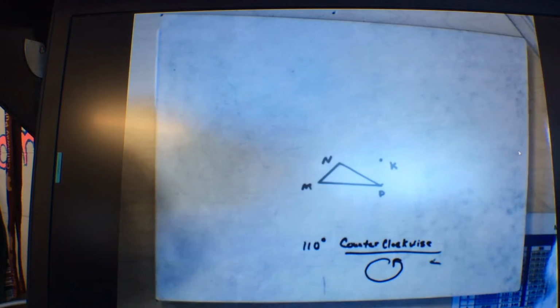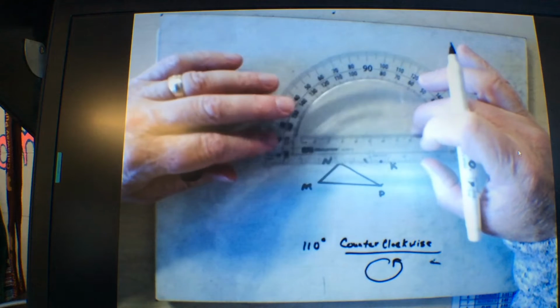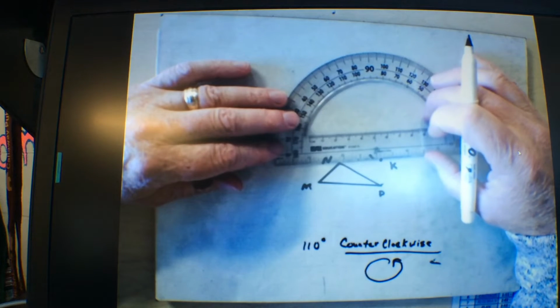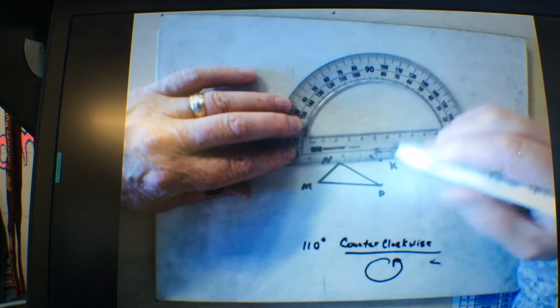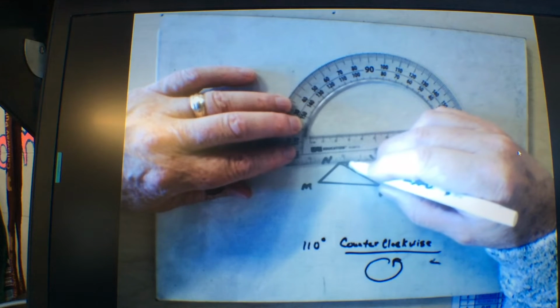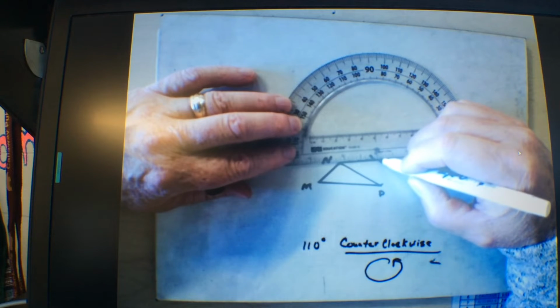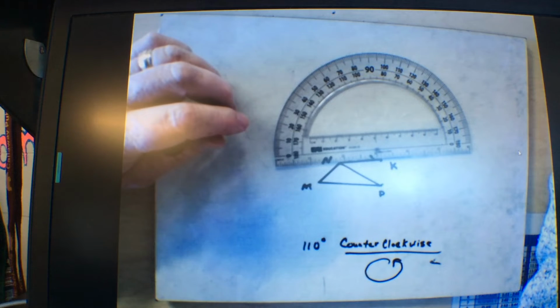So the first thing we're going to do is connect one of the points to K. I'm going to do the first one, which is N, and it's not easy. Your picture is going to get really crowded here in a minute. So there's a line to that.